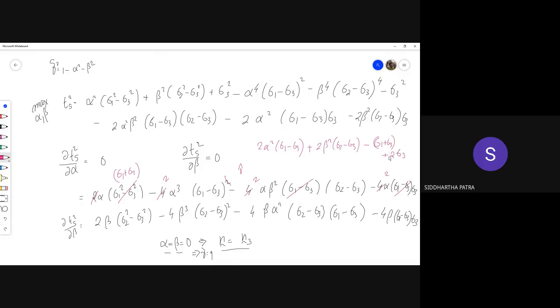So basically this equals sigma 1 minus sigma 3.